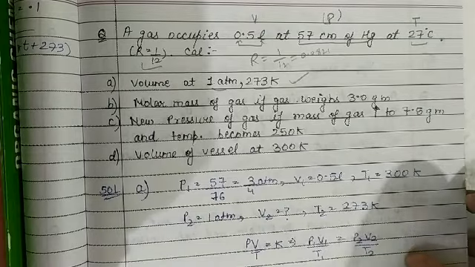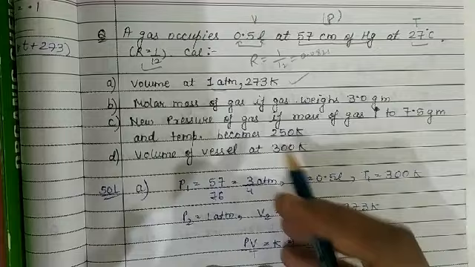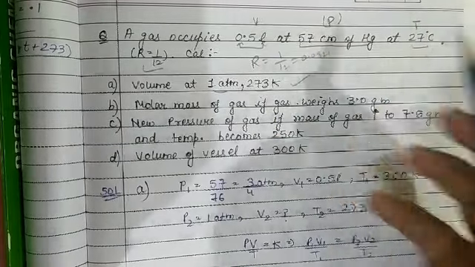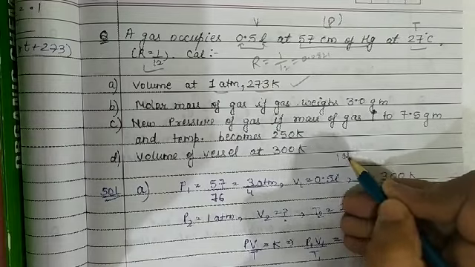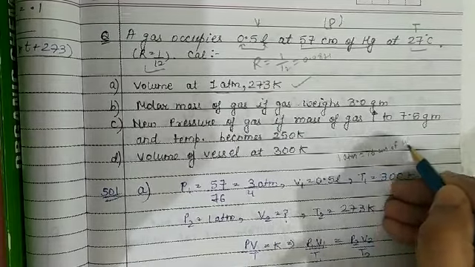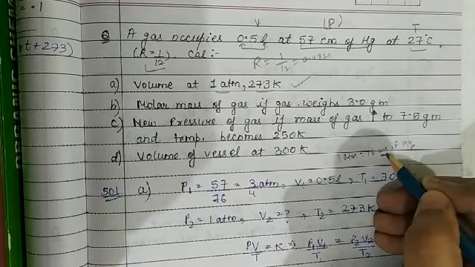First we calculate the first part. We have to calculate volume. So change pressure into atm. As we know, 1 atm equals 76 centimeter of mercury. So 1 centimeter of mercury will be 1 by 76 atm.